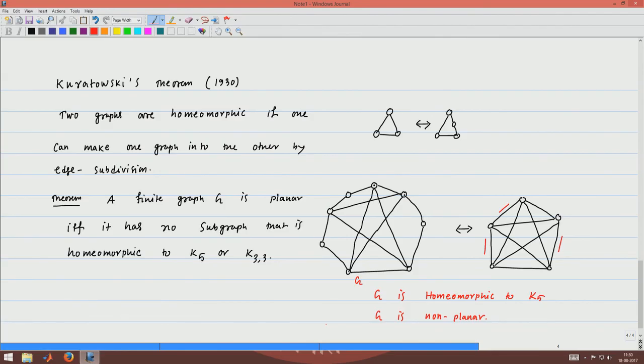Okay, so we have seen the formal proof for K5 and K33 to be non-planar graphs, and also we have seen one characterization of non-planar graphs. So, we will stop here. Thank you very much.